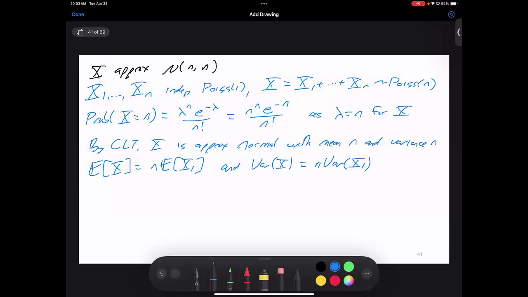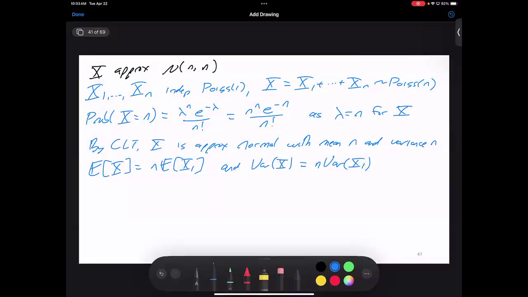Maybe I should have prepared a little bit more. Maybe I should have checked to see, is the variance n or n squared? Well, by just looking at this, I know the variance of x is going to be n times the variance of x1. And clearly the variance of x1 has no n dependence because it's just a Poisson with parameter 1. So if I know it's either n or n squared for the variance, this immediately allows me to correct it's got to be n. It can't be n squared. So it's nice to know this.